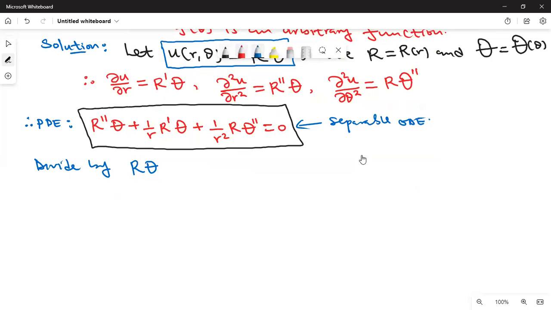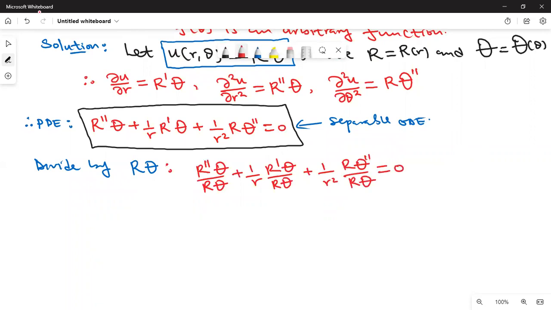So it will be R double prime Theta over R Theta plus 1 over r, then R prime Theta over R Theta plus 1 over r squared, then in the numerator we have R Theta double prime over R Theta is equal to 0. Zero divided by anything is also 0. So this will cancel. Again, this will cancel.